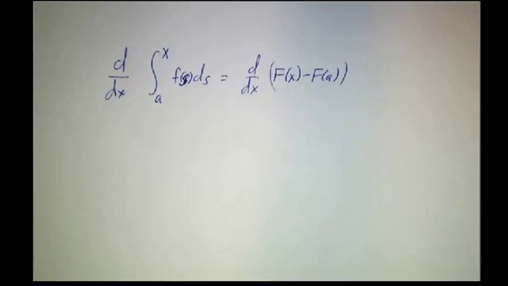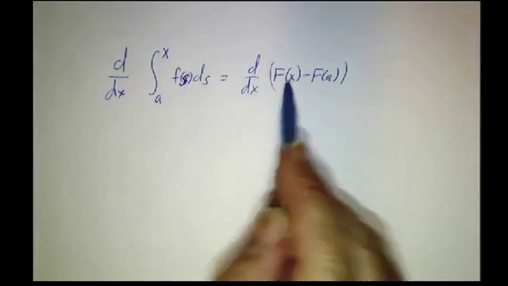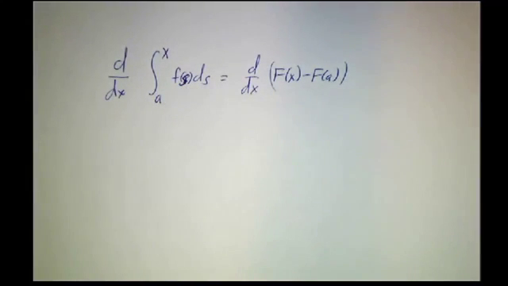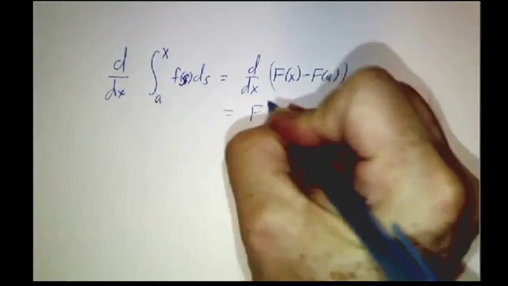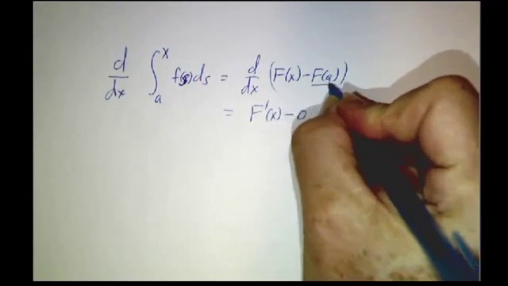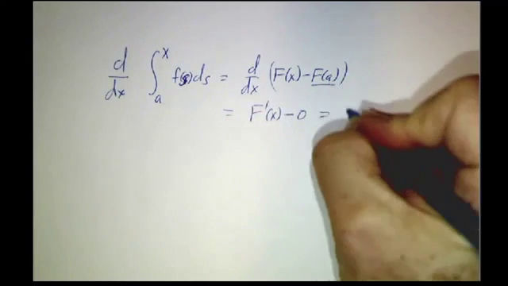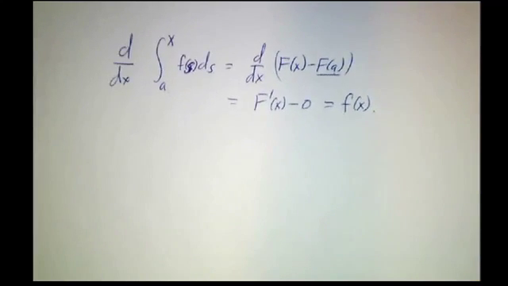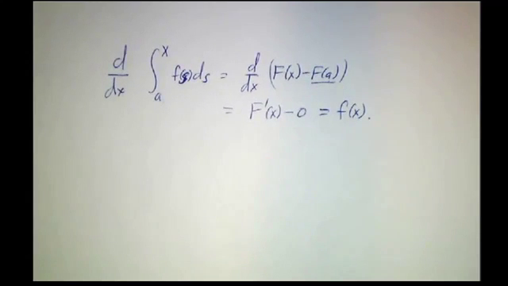The second fundamental theorem of calculus says you find an antiderivative and you plug in at the endpoints, and that's how you do an integral from one spot to another spot. And that's f prime of x minus 0, because this is a constant that doesn't depend on x, so its derivative is 0. And that's little f of x. So that's another way of understanding the first fundamental theorem of calculus. Once you have the second fundamental theorem of calculus, the first fundamental theorem of calculus comes almost for free.